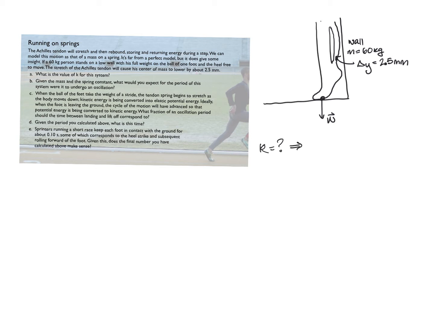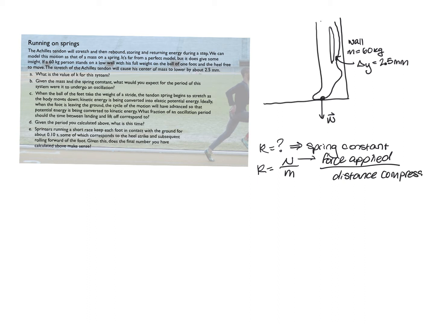Well, k is the spring constant, and I first just want to look at the units of the spring constant. k has units of newtons per meter: the force applied to the spring over the distance compressed.